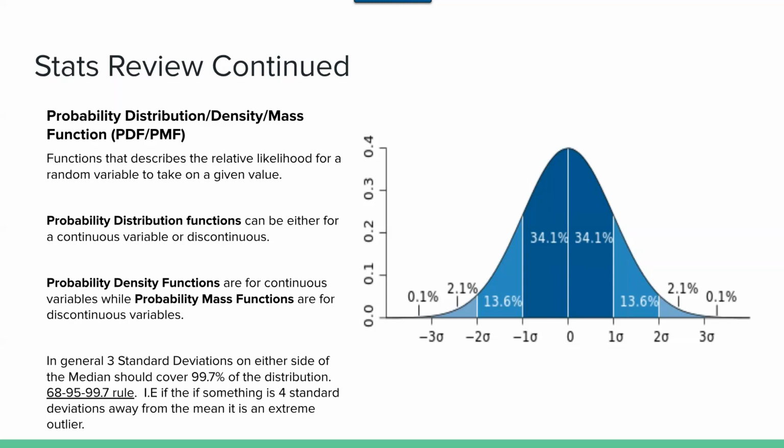And then just some more background information with the PDF. There are 2 definitions for what a PDF is. You can have a probability distribution function or a probability density function. The probability distribution function is the encompassing definition. It can be both a density or mass function. The probability density function is usually for continuous variables, whereas a probability mass function is for discontinuous variables.